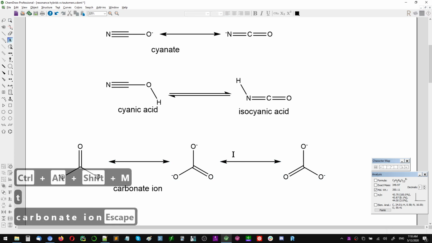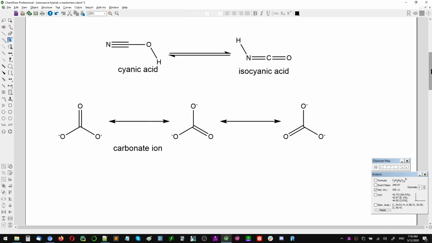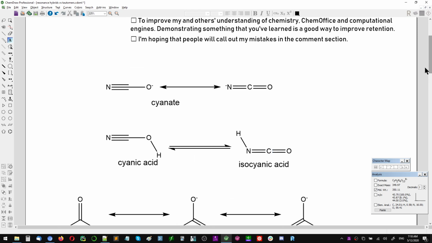This time the charge would be 2 minus. In this case it was 1 minus. It's a resonance hybrid with 3 resonance forms. By the way, tautomerization usually happens by the relocation of a proton. So in this case, the protium moved from the oxygen to the nitrogen.